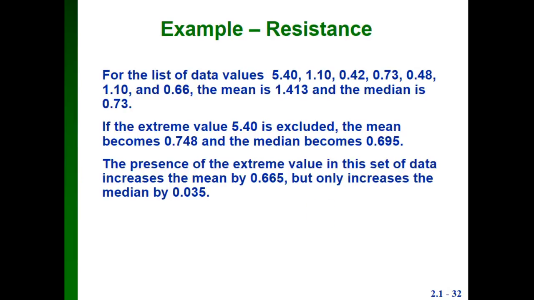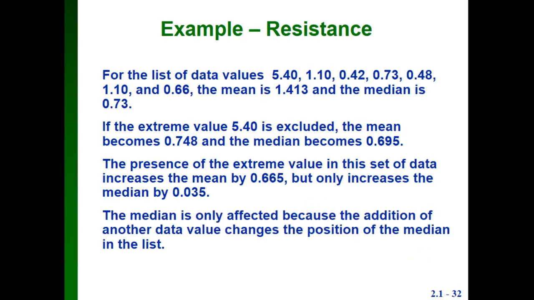So if we have the 5.4 value in the list, that increases the mean by 0.665, but it only increases the median by 0.035. So it changes the mean a lot more than it changes the median. The median is actually only affected because the addition of another data value changes the position of the median in the list.